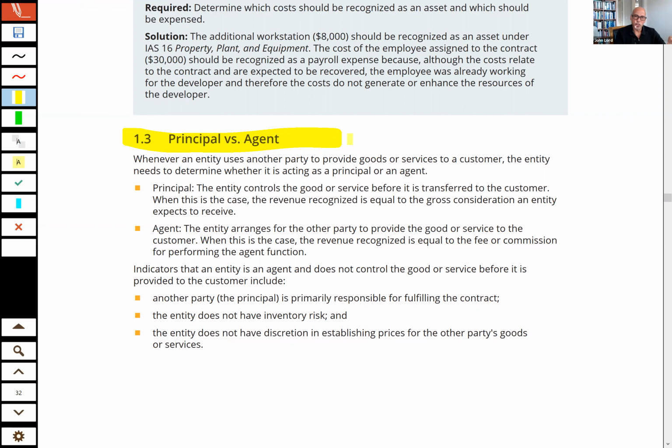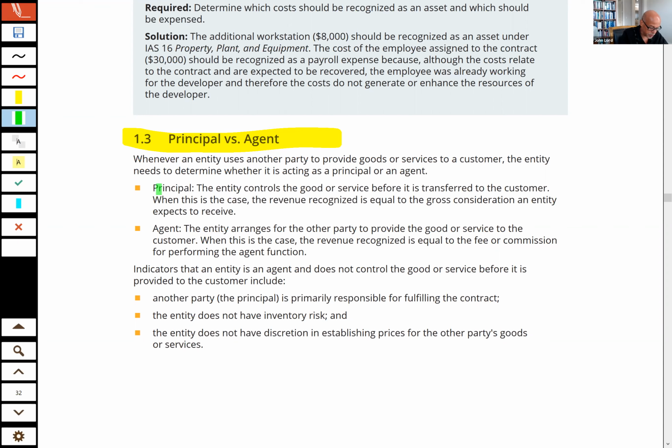And let's say that shirt costs Nordstrom $10. Well, in that case, Nordstrom is what? The principal, because they had the inventory, they sold you the inventory. If you get the shirt home and you discover there's something wrong with it, you can take it back to them, etc.